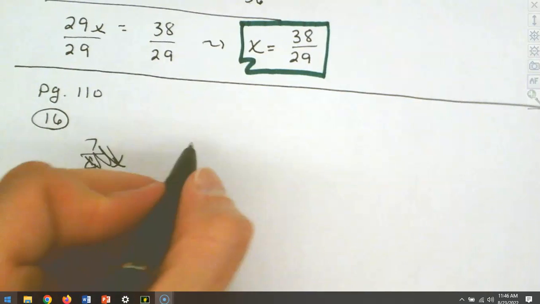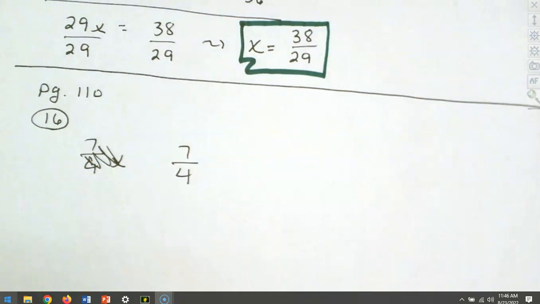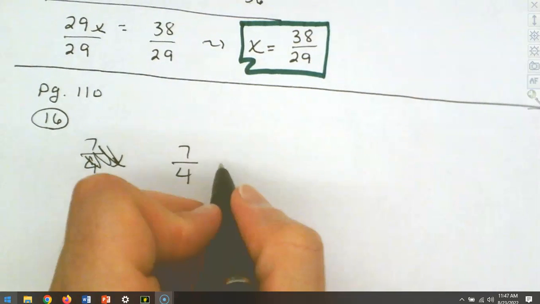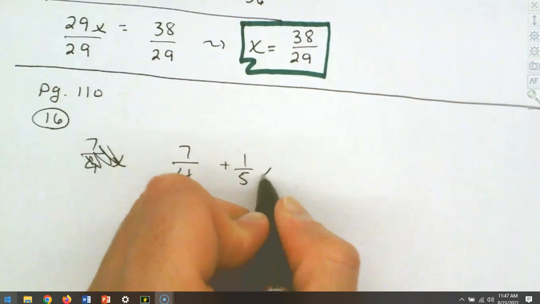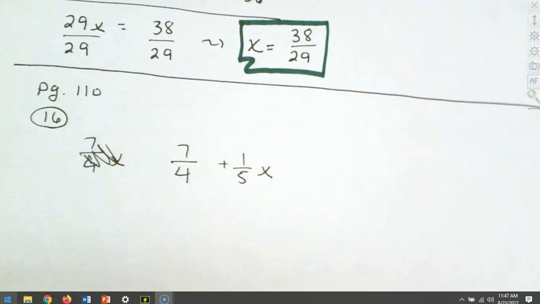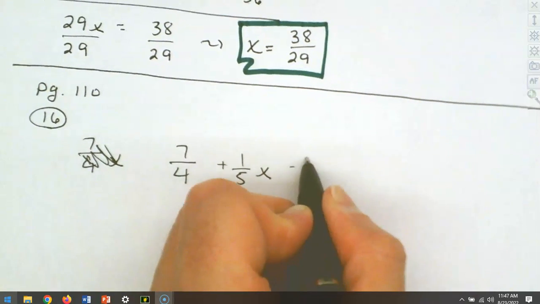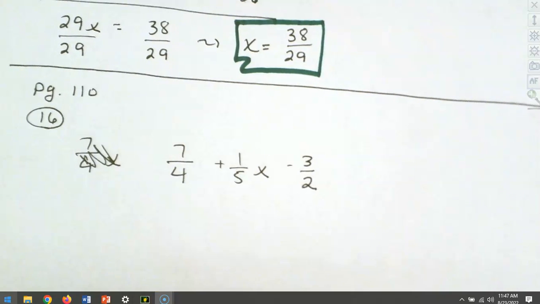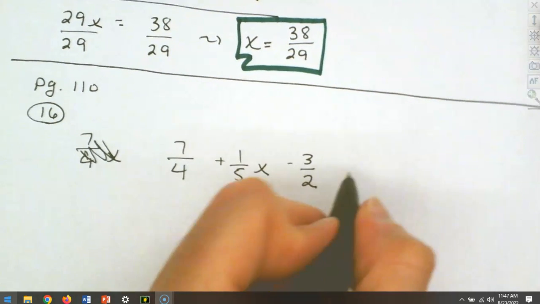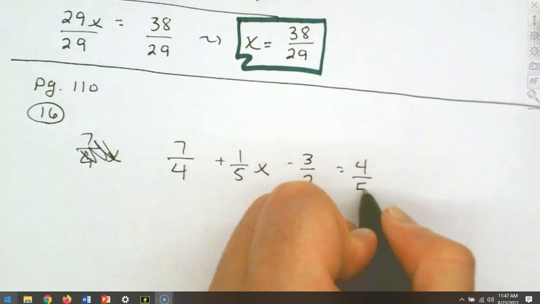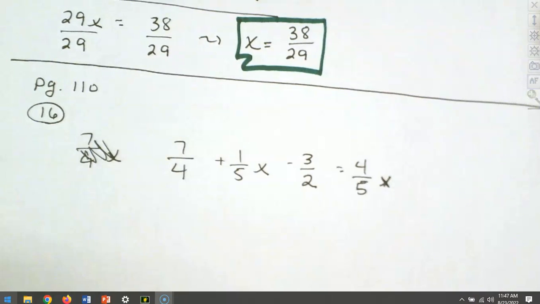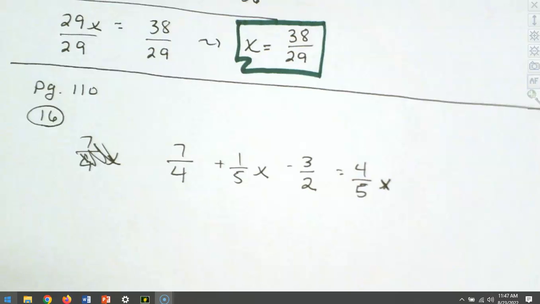It's just 7/4, so sorry about that. 7/4 plus 1/5 x minus 3/2 equals 4/5 x. So make sure I wrote it down right. Everything looks right there.